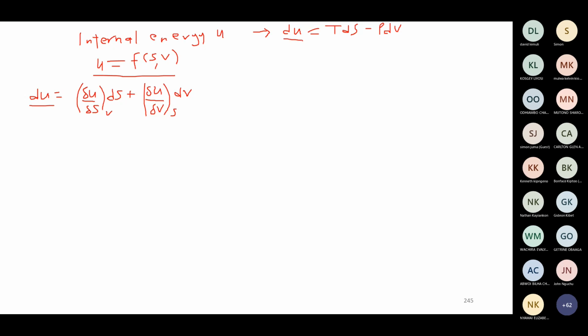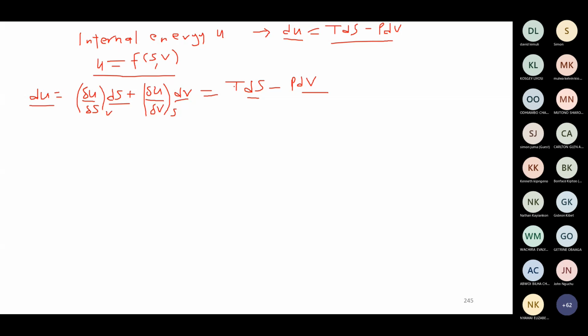If we equate the two, that is, you equate this to TdS minus P dV, notice here we have the S and the V in both.